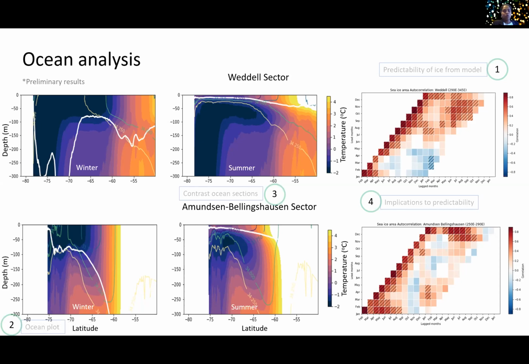Also, when we look at the cold layer of water underneath this surface stratification, we see that a cold and deep winter mixed layer forms, but that erodes away in the Amundsen-Bellingshausen, while it is really sustained in the Weddell sector.